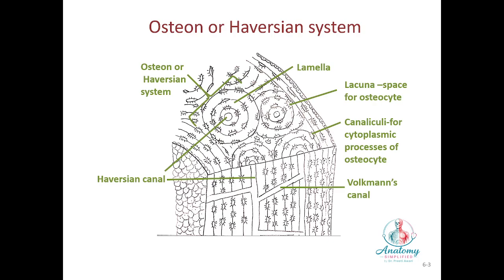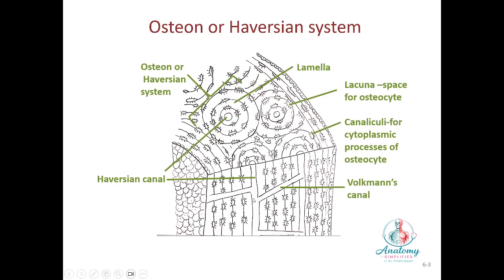Now I am introducing one more term here, that is Volkmann's canal. In the longitudinal section you can nicely see that two Haversian canals are connected to each other by Volkmann's canal. As you know, Haversian canals are for the passage of the neurovascular bundle, the blood vessels, nerves, lymphatics. Now what is the function of the Volkmann's canal?